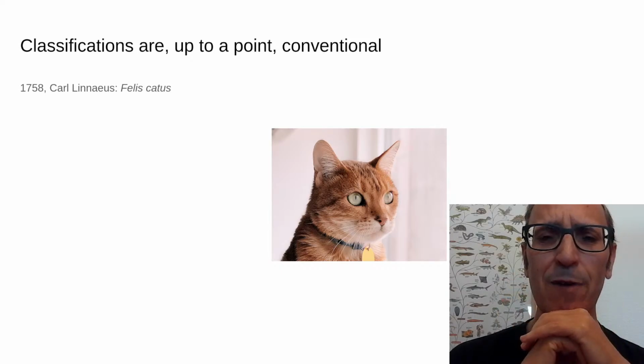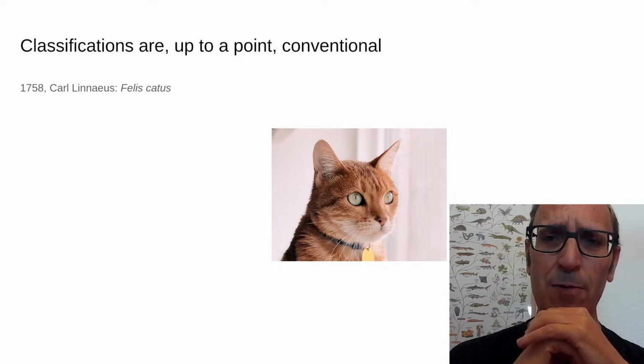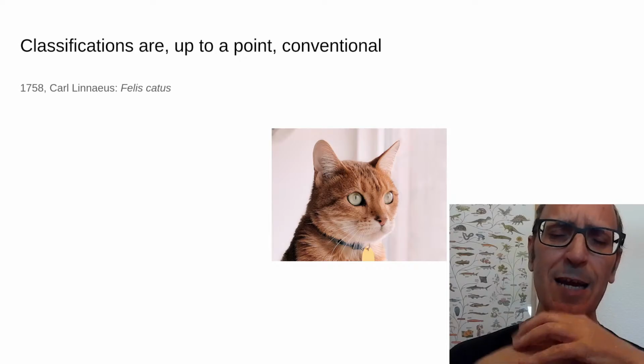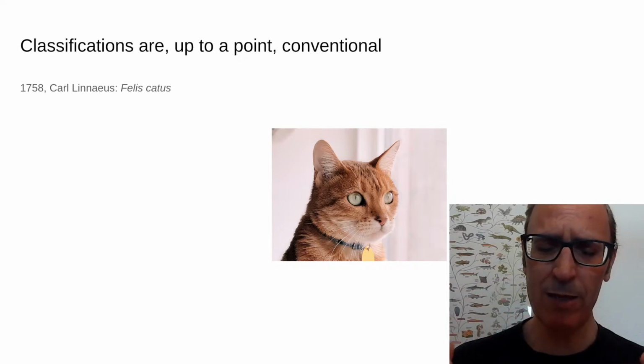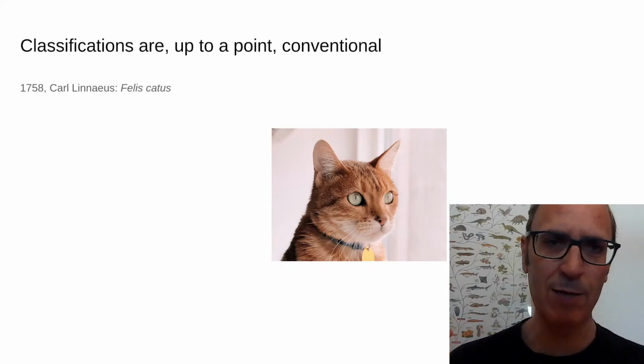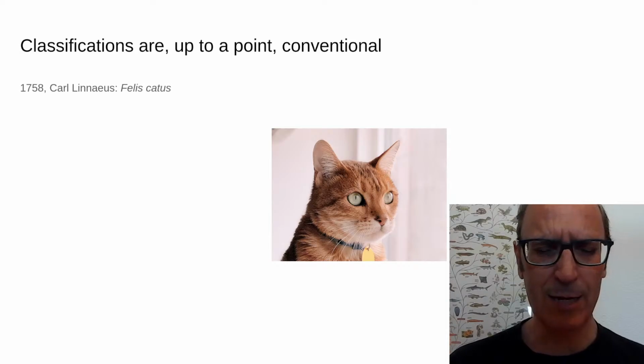Species are defined by taxonomists, not in an arbitrary way. Okay, it's in a conventional way. Convention is not arbitrary. Convention is that it's decided. We take a look at the data that we have and then we decide how to do the classification. Arbitrary is just whatever we like. Okay, taxonomy is not arbitrary, but it's conventional.